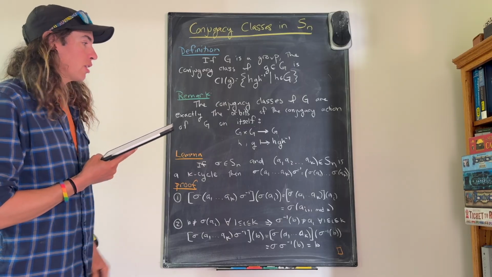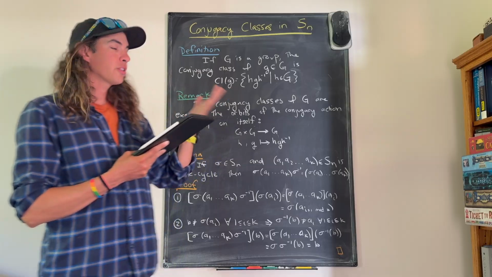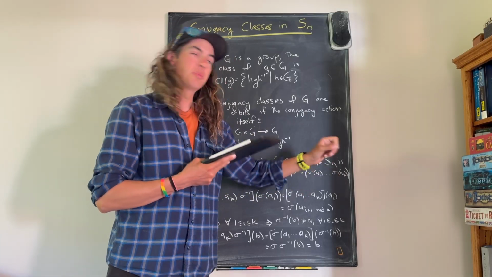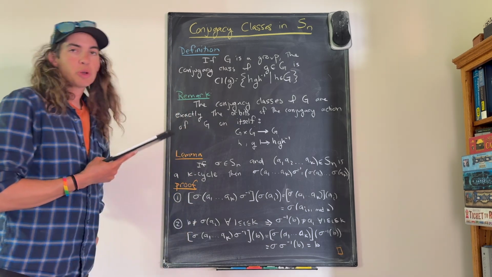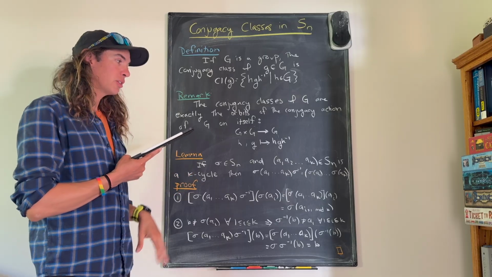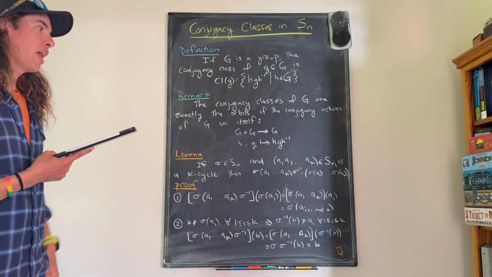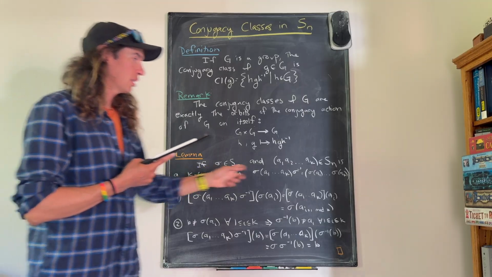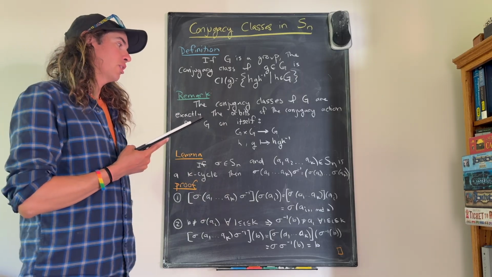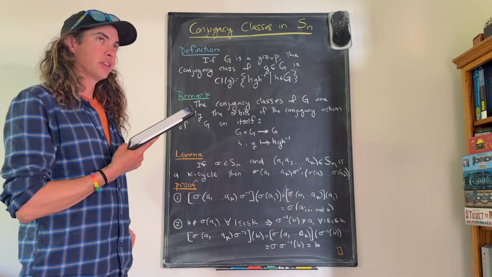If that's a k-cycle, then the conjugate of the k-cycle by sigma is just another k-cycle. It's the k-cycle given by (sigma of a1, ..., sigma of ak). It's worth pointing out that when we write down cycles, we used to always start with the smallest element of the cycle, but you don't have to, because you can move the elements around in the cycle cyclically, and the notation still tells you the same permutation.